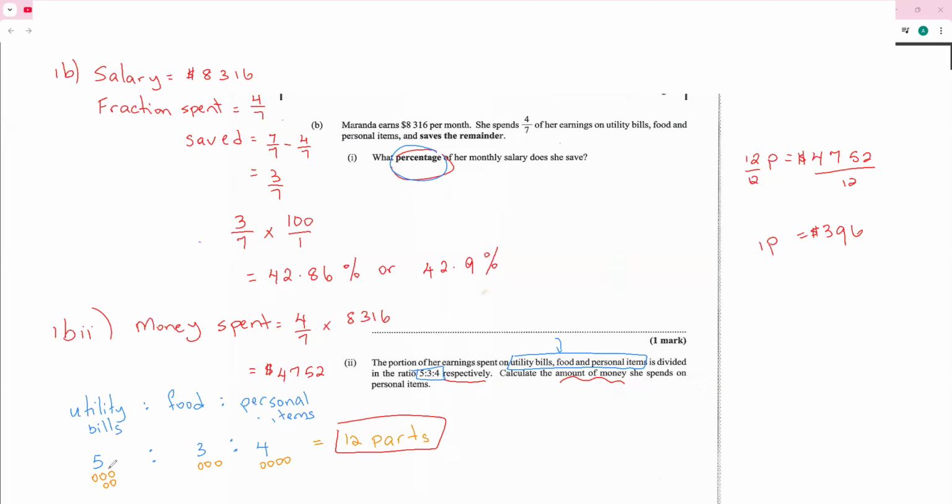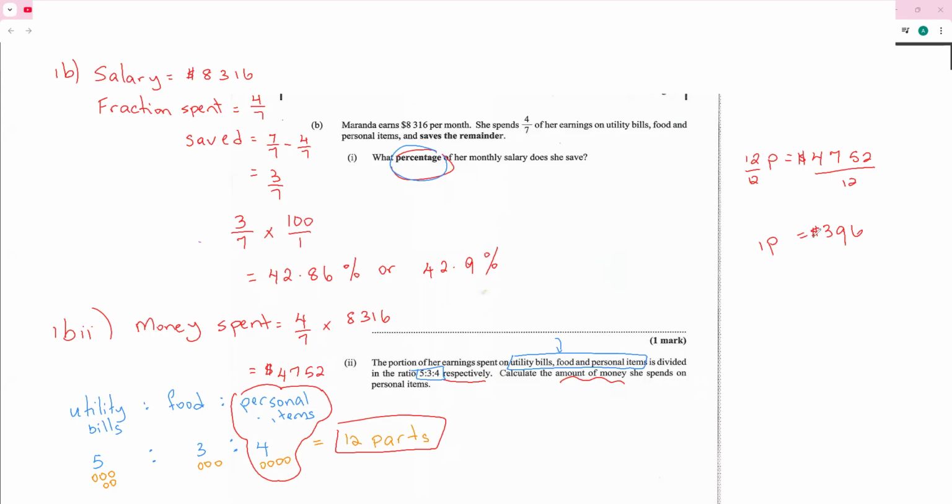You always find for one, and then we could find for however many. So the question asked us to calculate the amount of money she spent on personal items. Now, personal items, we had 4 equal parts.